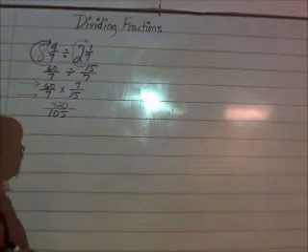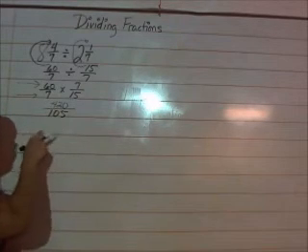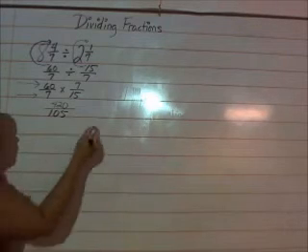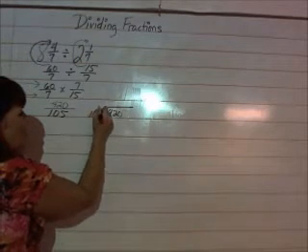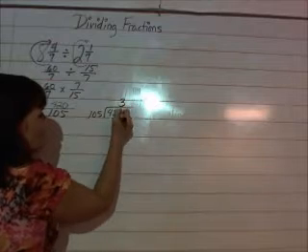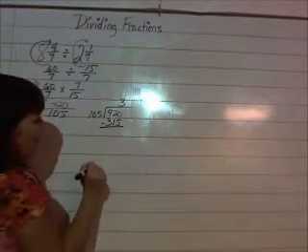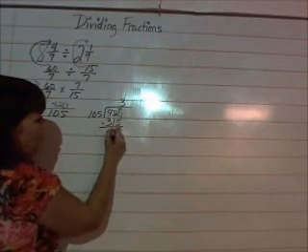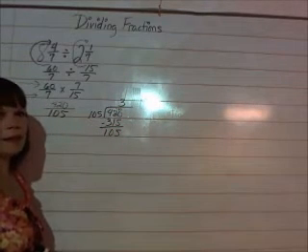Now, I can't leave my answer like this. That's big time improper. So we're going to have to convert it back to a mixed number. So 420 divided by 105. I'm going to think that goes in there 3 times, which gives me 315. I subtract and I get 105. So what happened?